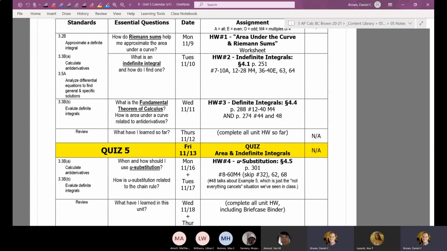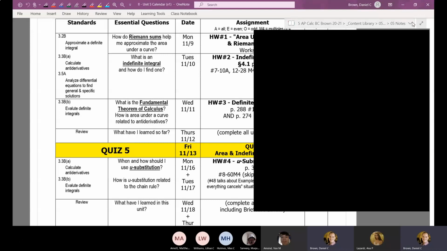And then your quiz, this usually is one of the easier quizzes, just because it's very straightforward, not a lot of applications, because it's just going to be the skills and the introduction to the idea behind integral calculus. We don't really get into it much more in depth until we learn some other techniques of integration after Thanksgiving, but really the bulk of this topic is coming in second semester.